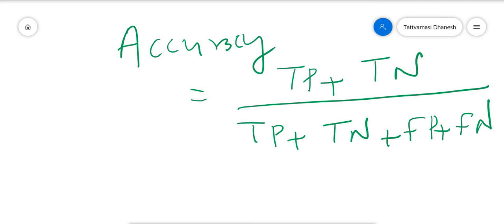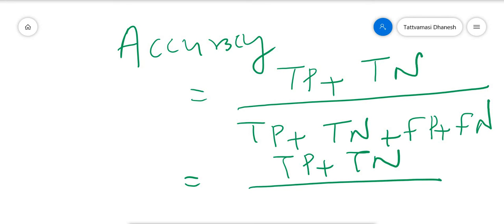You can write it as true positive plus true negative, the whole divided by the total. So this is accuracy, another term you can remember. So we covered precision, recall, the F1 score, and accuracy.